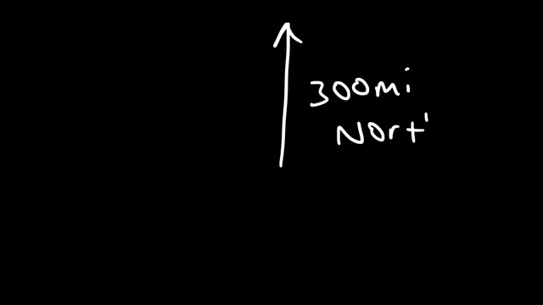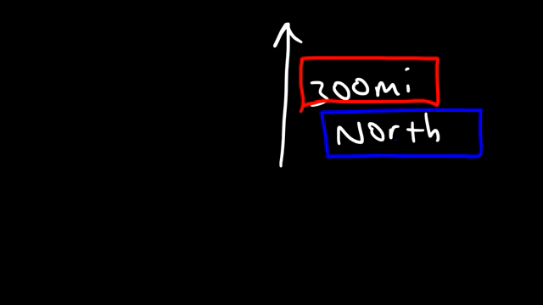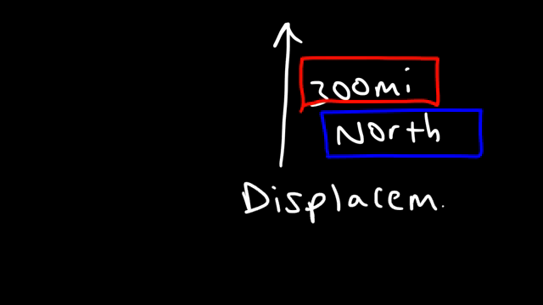Now let's say the car traveled 300 miles north. In this case, I have the magnitude, which is 300 miles, and I also have the direction, which is in the northward direction. So in this case, I'm describing displacement. Displacement is a vector quantity.